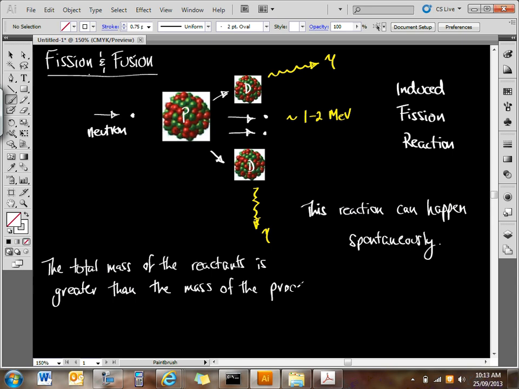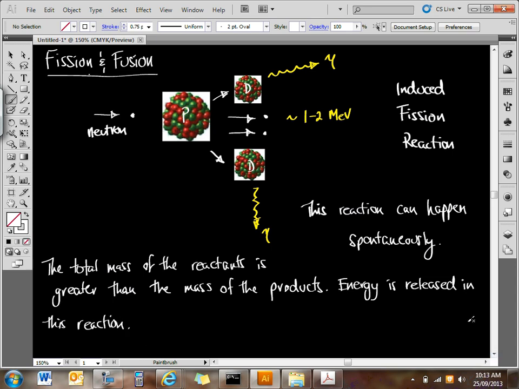Where has that mass gone? Yeah, that's right. It's turned into energy, hasn't it? So energy is released in this reaction.